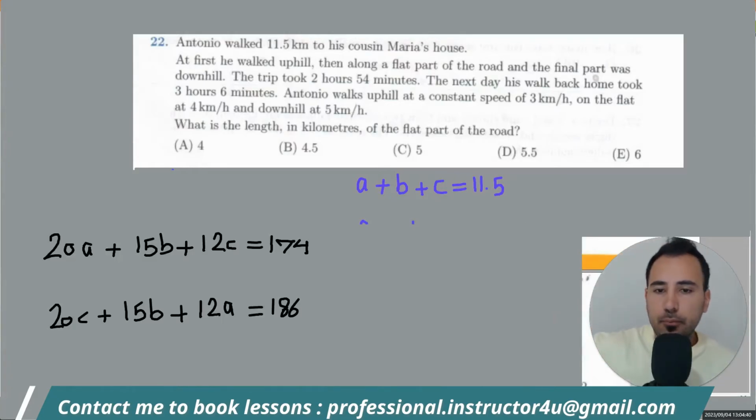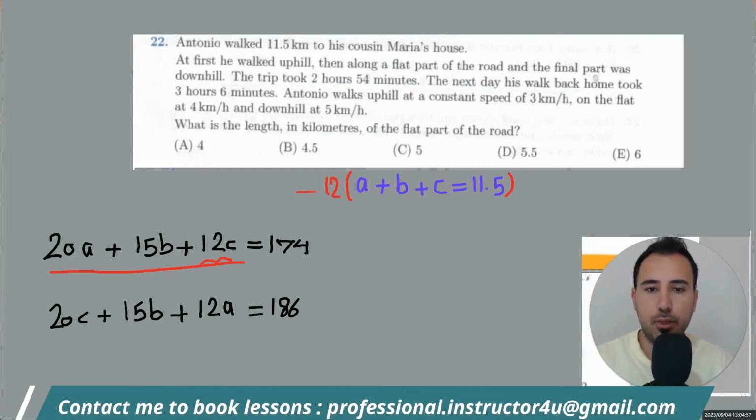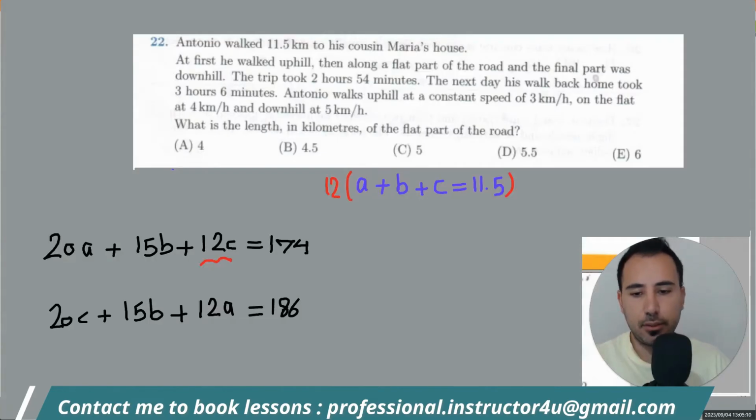So now, we need to get rid of c maybe, right? So to get rid of c from the first equation, I will multiply all terms of this by 12, and then this one minus this one will get rid of c. Let's go and do this. So 20a minus 12a is going to be 8a. 15b minus 12b, 3b.